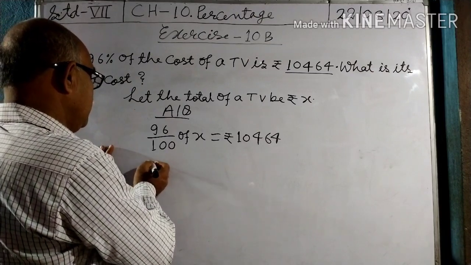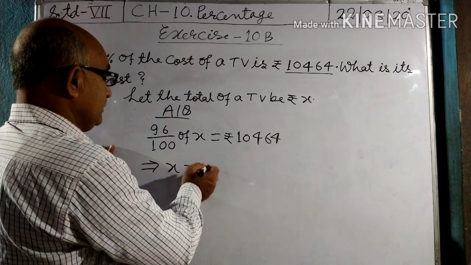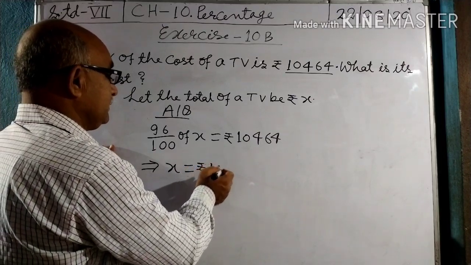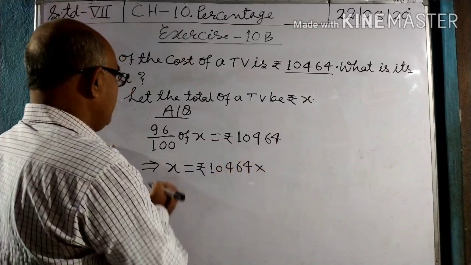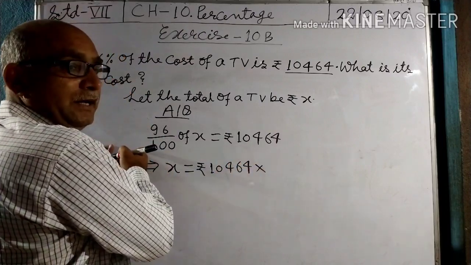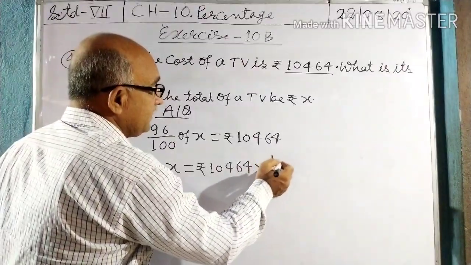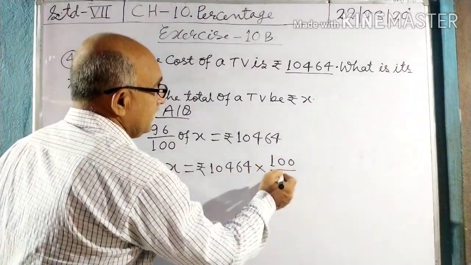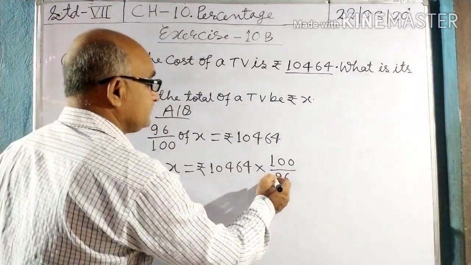Now that implies X equal to rupees 10,464 multiply 96 by 100, by transposition change into 100 by 96. So divide it.